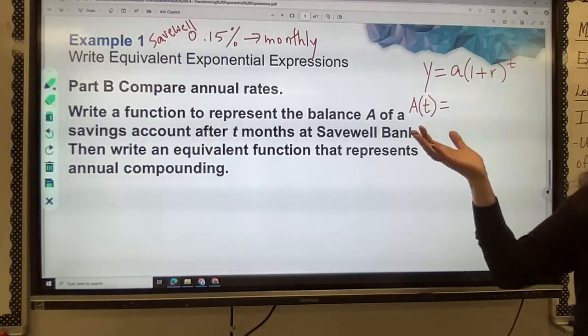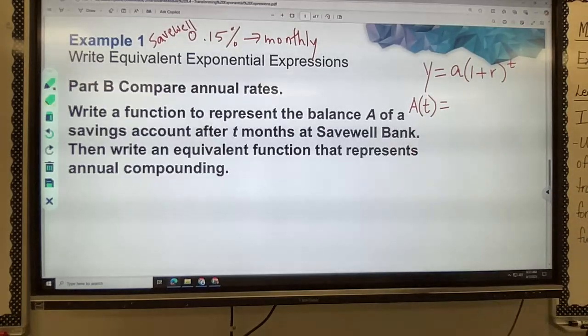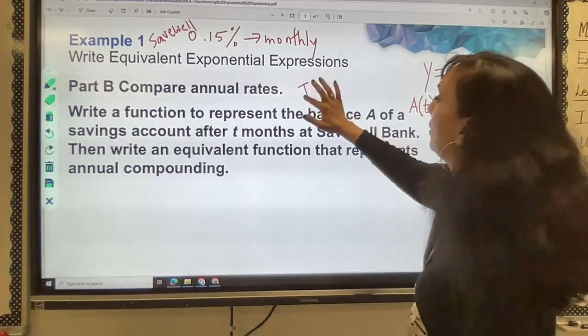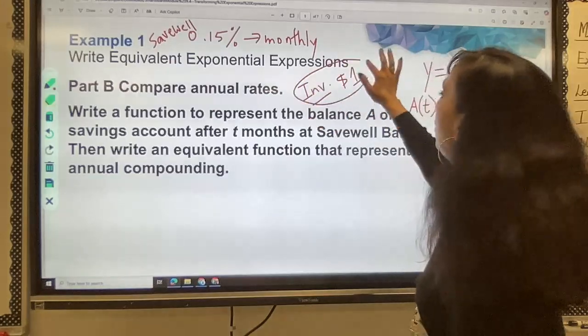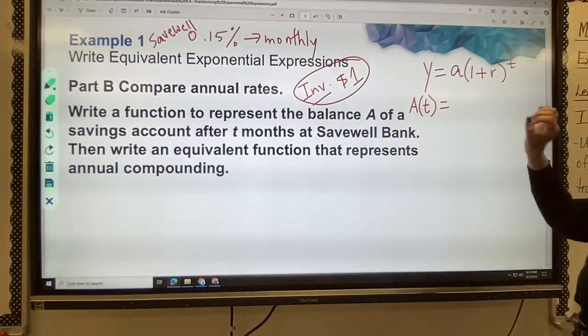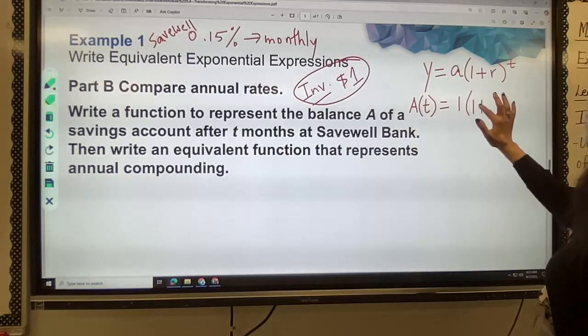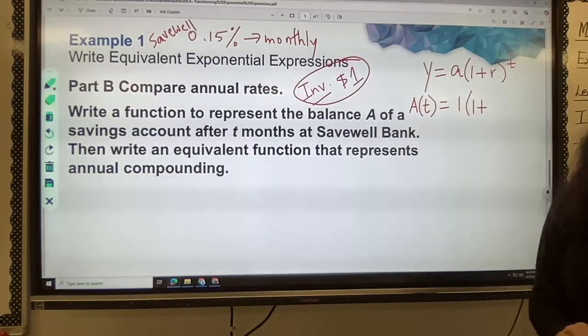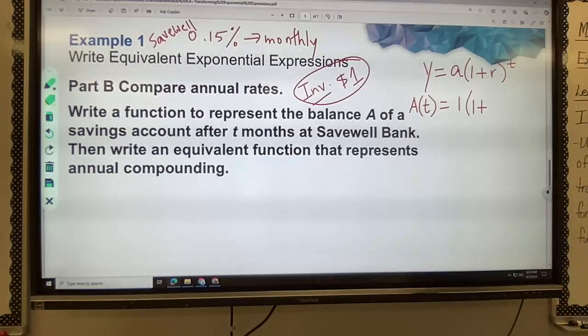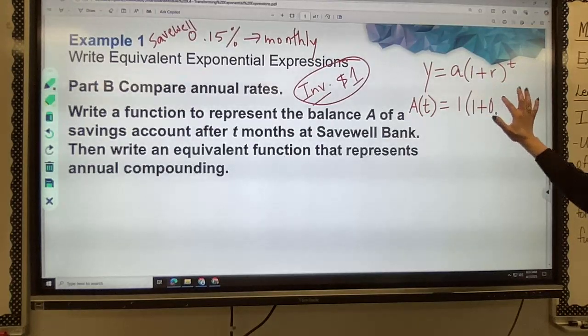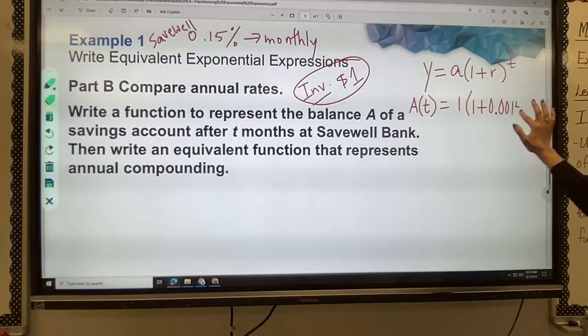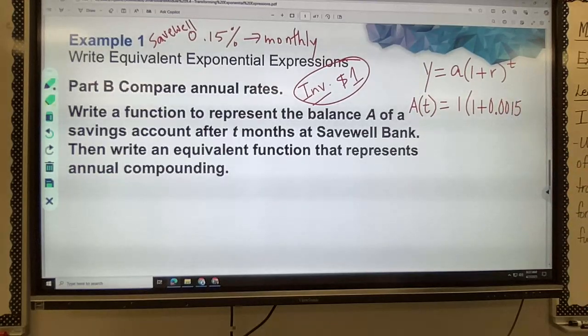We are going to assume that it is $1 again. Investment is $1. So we are going to use that as the initial amount. So this is 1 plus, what is 1500% as a decimal? It is going to be 0.0015, because we moved the decimal 2 places to the left.